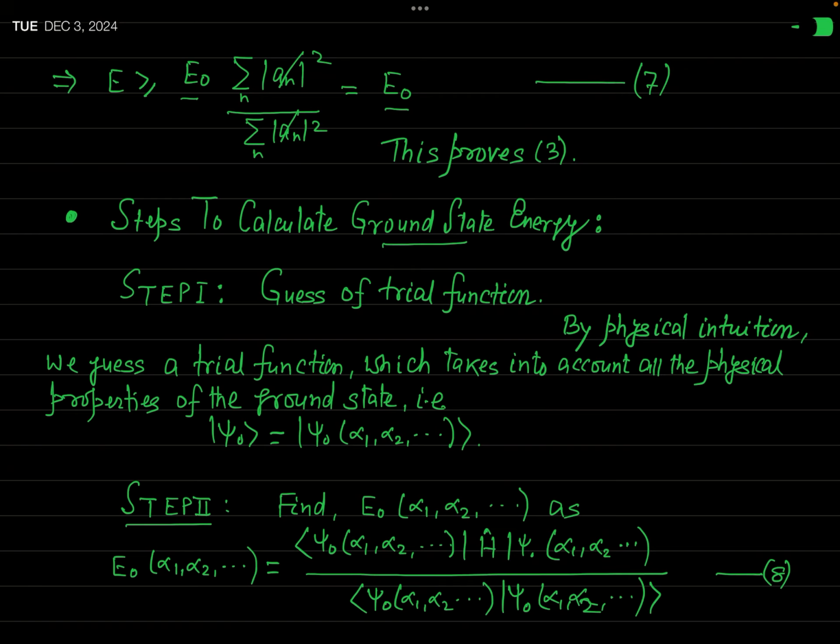So in the first step for solving the problem, we guess the trial function. Based on physical intuition, we make an educated guess for a trial function that takes into account all the physical properties of the ground state, for example properties like symmetries, number of nodes, smoothness, behavior at infinity, and many others.